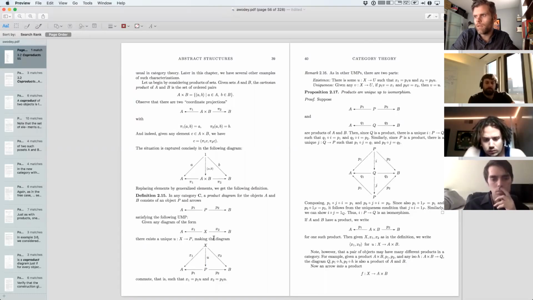Then, if we can extract an A out of it and we can extract a B out of it, we can also go through the product. That is, we can factor these arrows x1 and x2 into something that extracts the pair and then extracts the left half of the pair or the right half of the pair. Does that make sense to everybody?